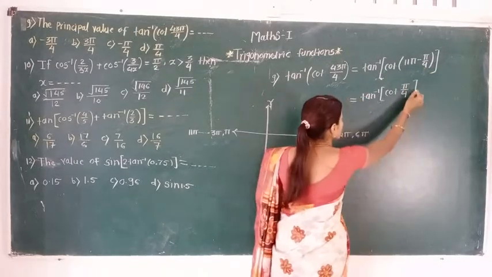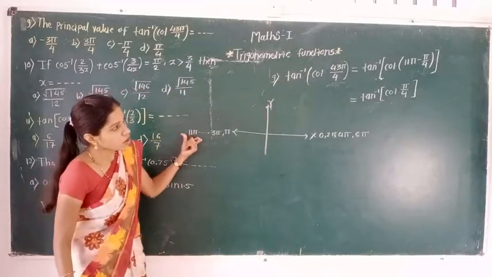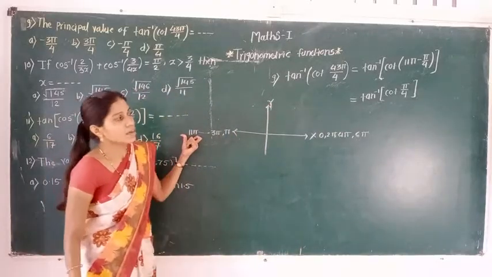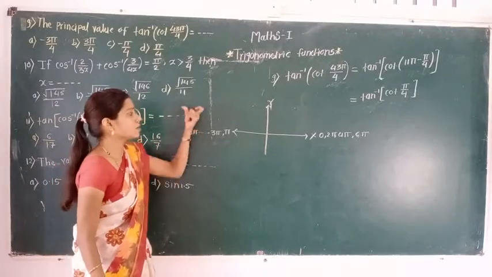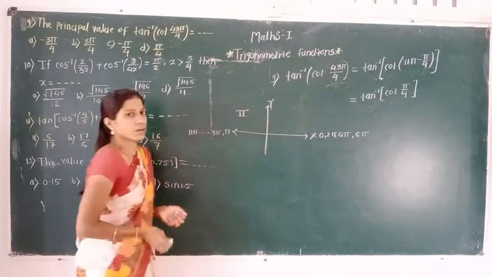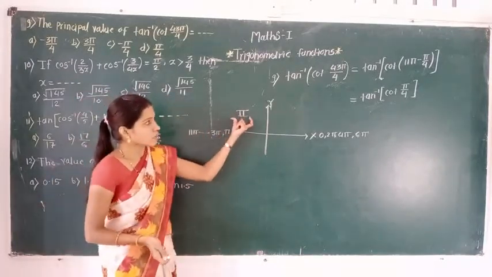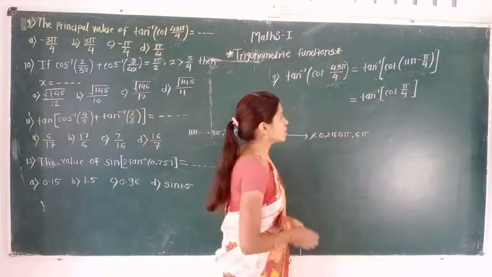Then see here, it is the angle 11 pi, but we want the angle 11 pi minus pi by 4. So 11 pi minus pi by 4 lies in the second quadrant, and we know that in the second quadrant cot determines the negative sign.